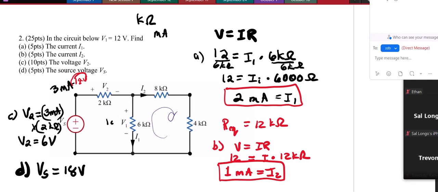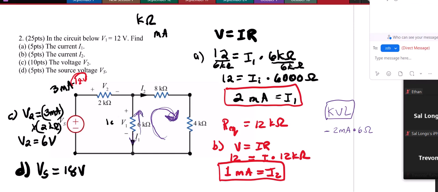Notice the direction I drew this. I'm going up through this middle resistor. I1 is going down. So if I'm doing KVL on that loop, I would take minus I1, which was 2 milliamps, times 6 kilo ohms. That would be my voltage drop across this.